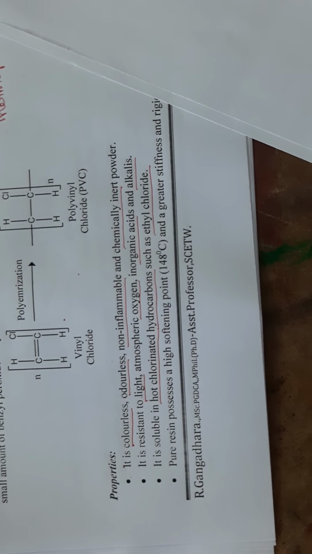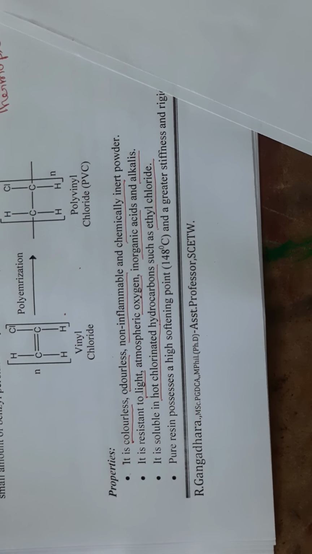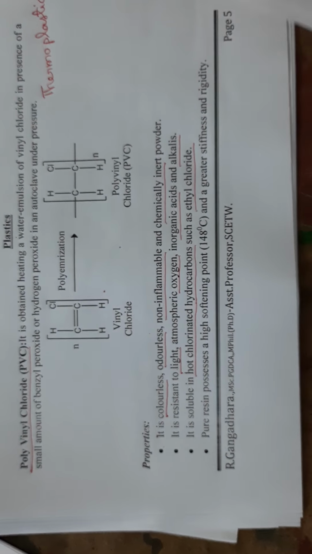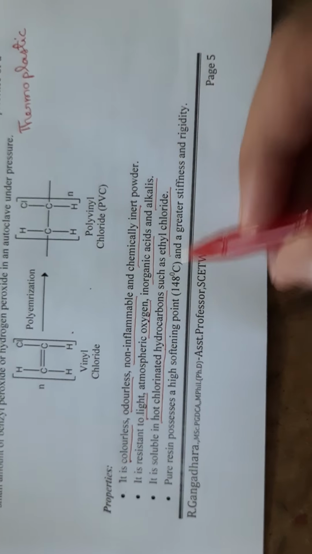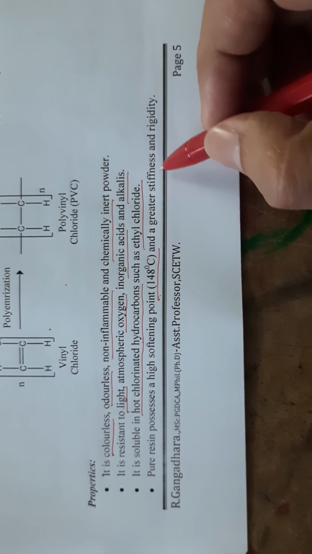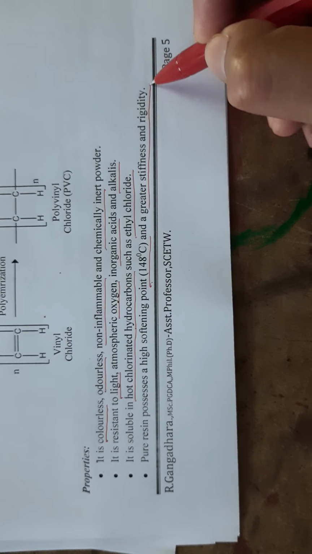Ethyl chloride is an example of a chlorinated hydrocarbon. It has a melting point of 148 degrees centigrade and has greater stiffness and rigidity. These are some physical and chemical properties, and we need to study some applications also.